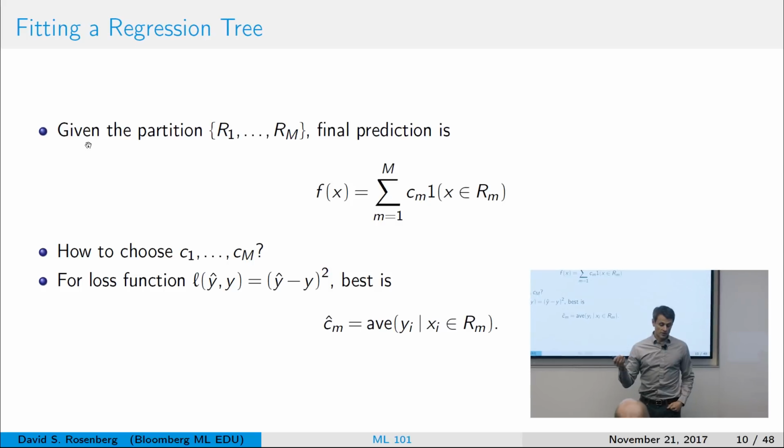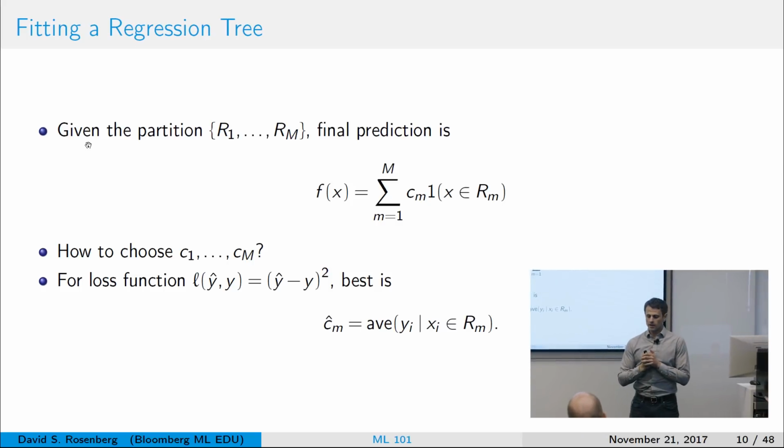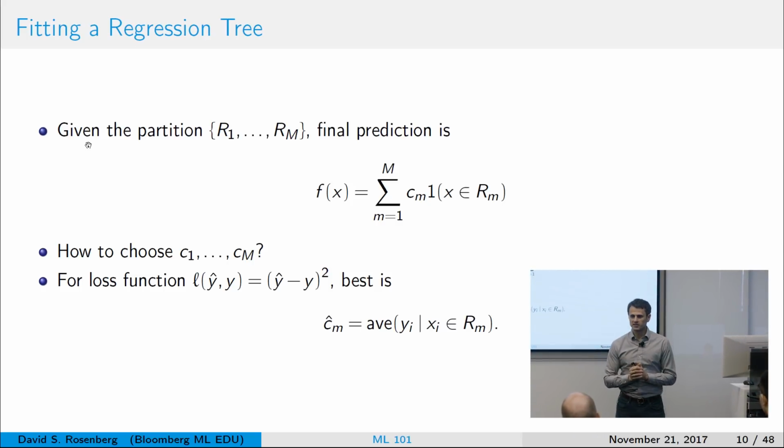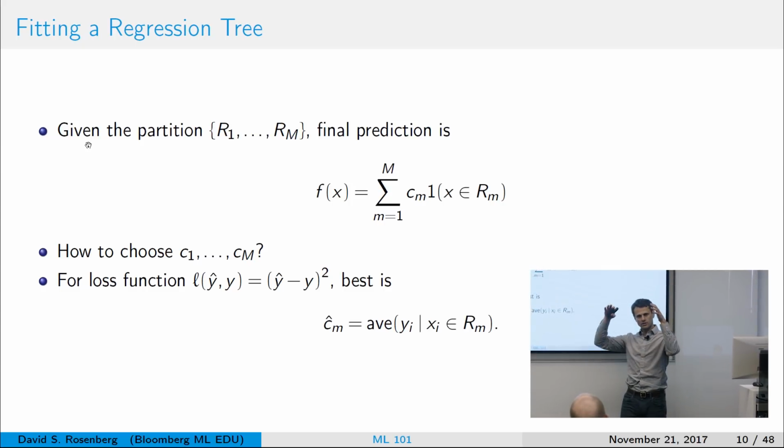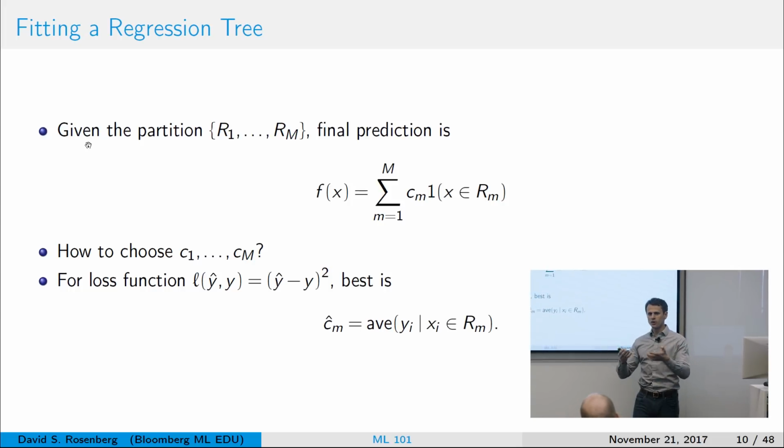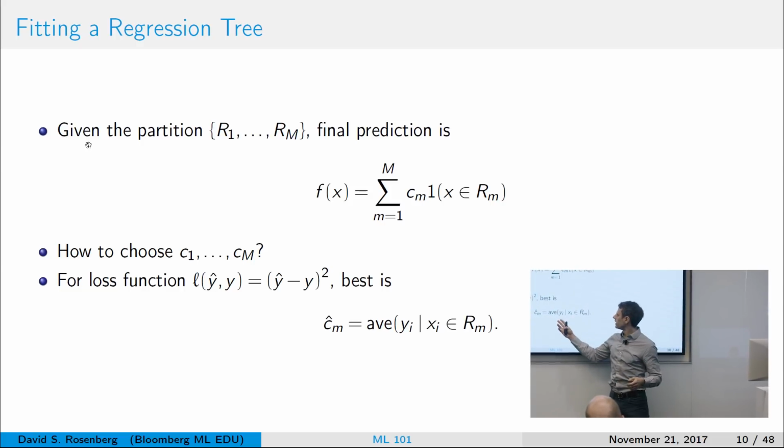In this case, it should be clear that on the training data, the best thing you could predict to minimize the average square loss would be the average of the values of the training set that fall into a particular region. So the predicted value is the average of the y's over all the elements of the training set that fall into the particular region.